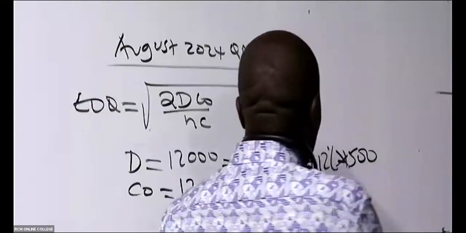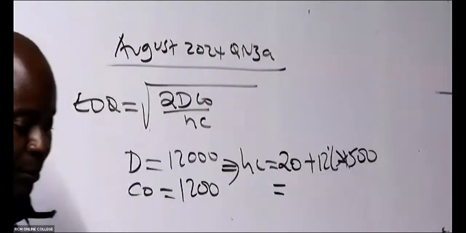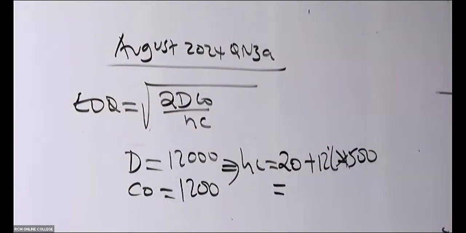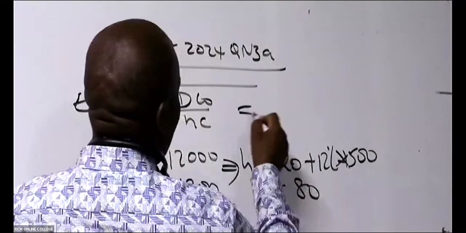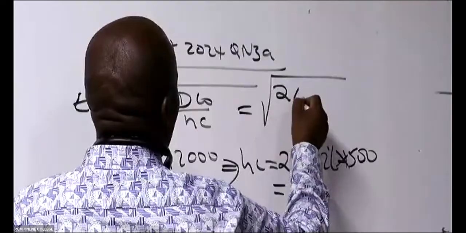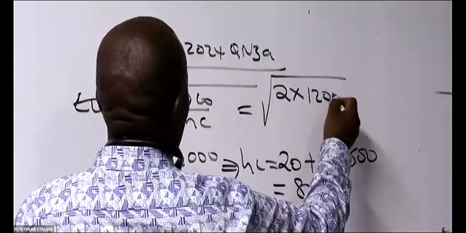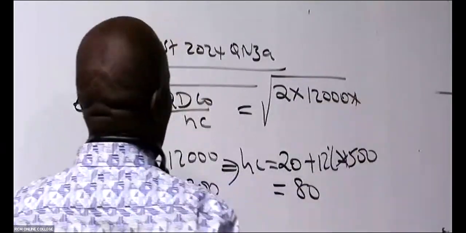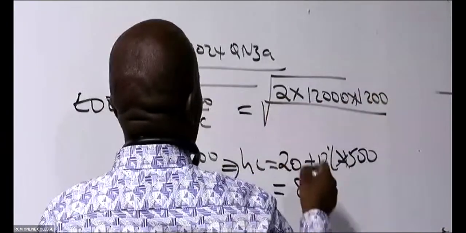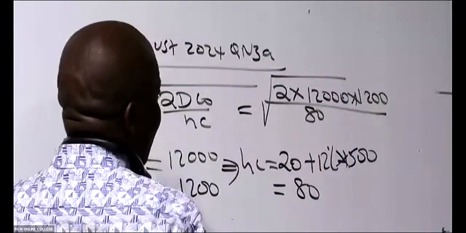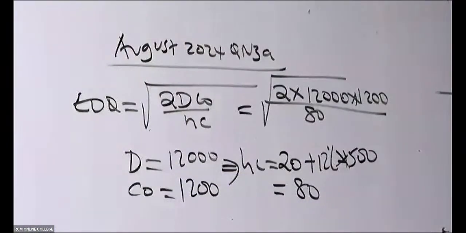So is there somebody who was able to give us this holding cost? 80, 80, 80. So then come here outrightly and tell us square root of 2 times D, 12,000, times cost per order of 1,200 divided by our holding cost, which is 80 there. So square root of that, please go ahead and give me the answer.